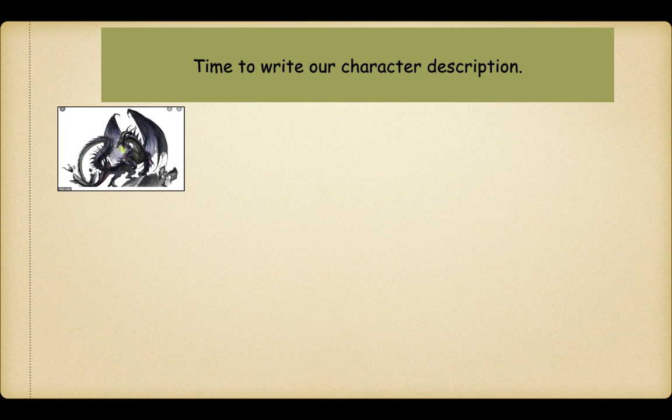So I'm thinking of a title, and I'm going to use one of the words from our spelling list. So I'm going to call the dragon Smoke. That will be my title. If I see the word smoke, I know who this story is going to be about. It's Smoke. Smoke is the name of my dragon.